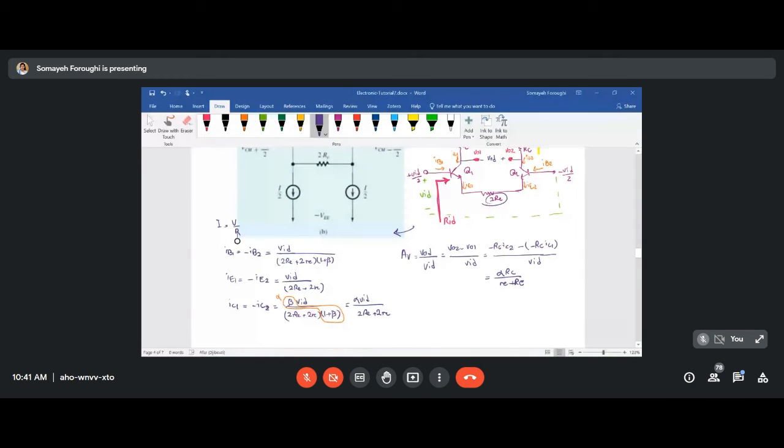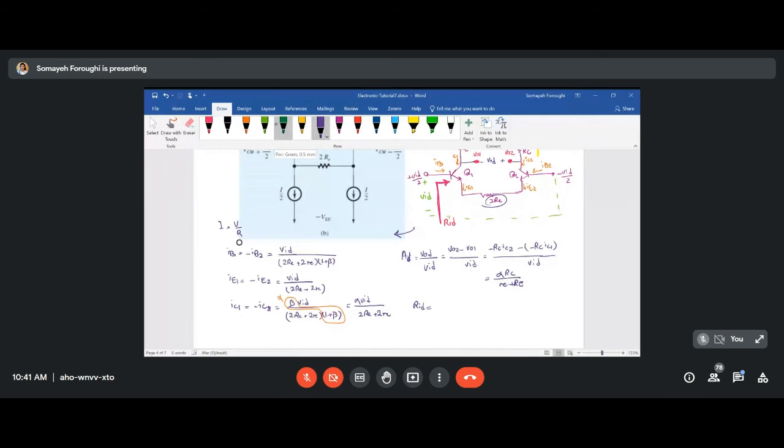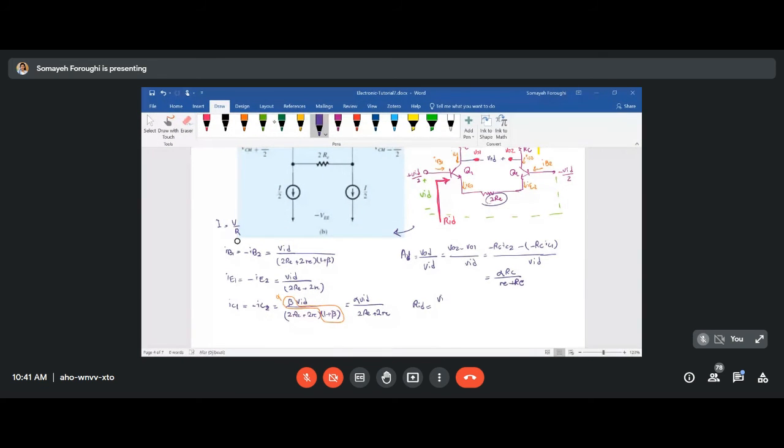Now I want to find RID, the input resistance of this differential amplifier. This is AD. That resistance will be the total voltage which we can see from the base of Q1 over the current passing through the base of Q1.